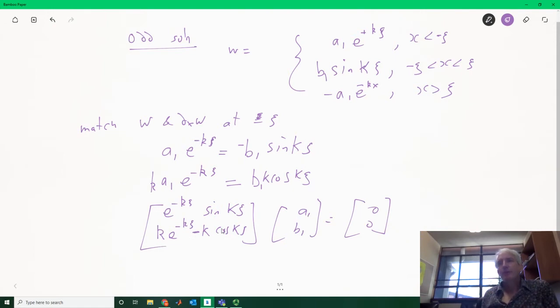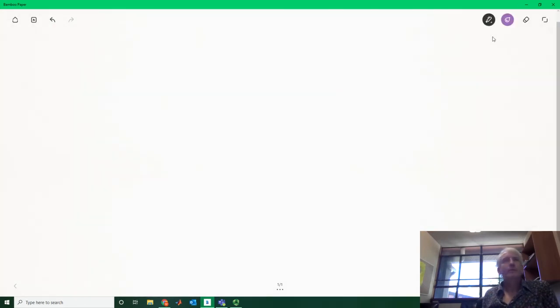Alright, so we want the determinant of that to be equal to 0. Okay, so we're going to multiply them out, and then we can divide out the exponential. Clear this. We want the determinant of sine kappa zeta, k e to the minus k zeta, kappa cos kappa zeta to be equal to 0.